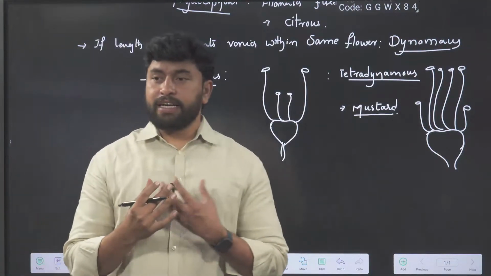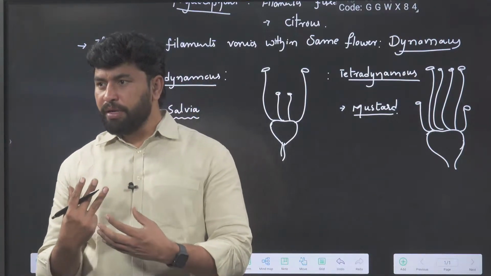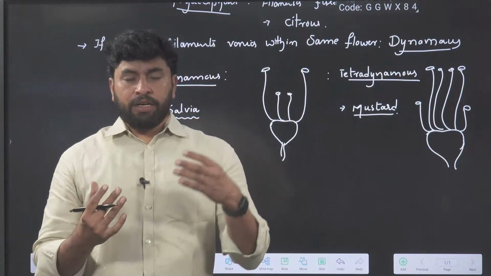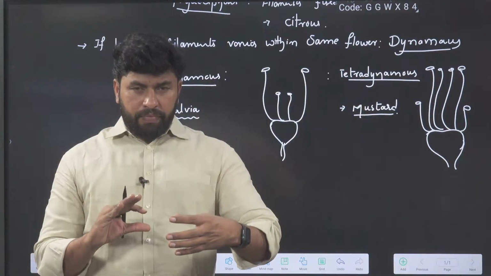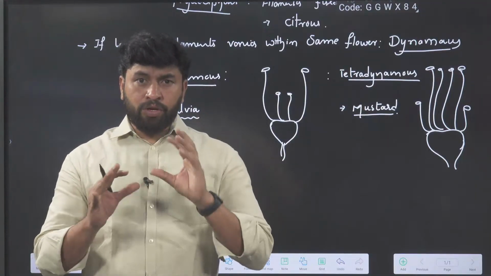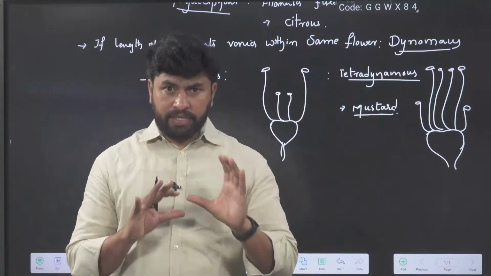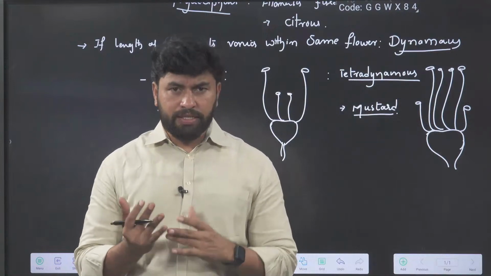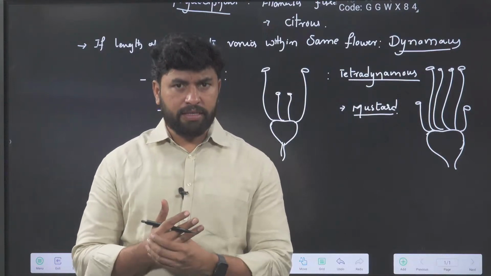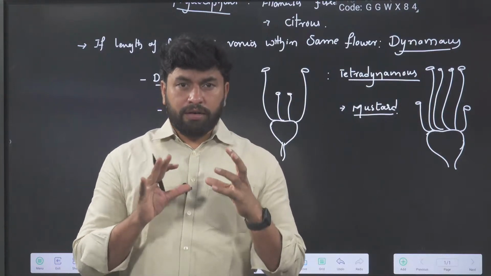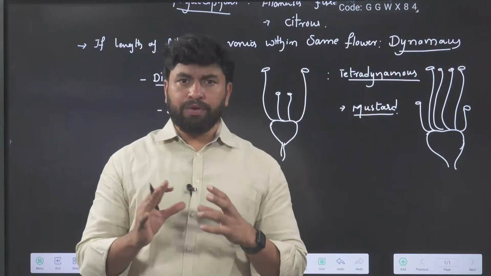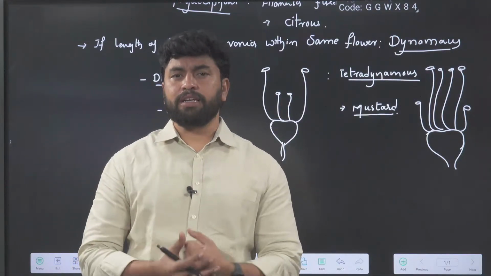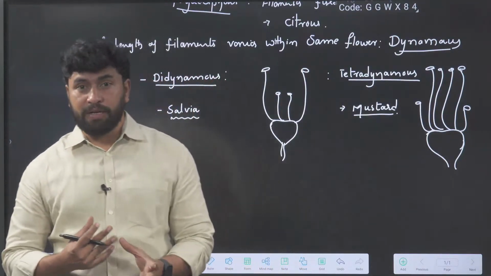Like this, dynamosity. What do you mean by dynamosity? Within the same flower, filament length varies. Of course, stamen length will also vary if the filaments have different lengths. So anyhow, the same flower will have various lengths of stamens. This condition is called dynamosity.